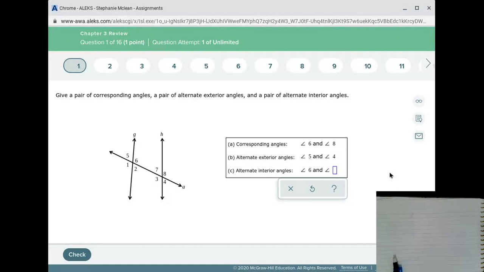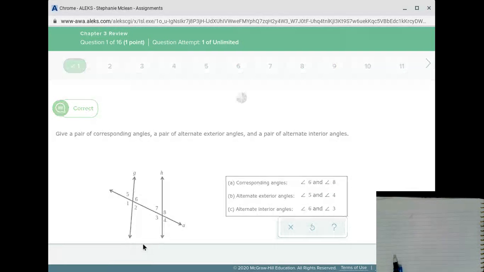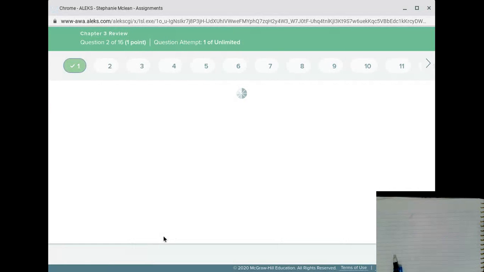You can give different answers as long as you're showing that you understand the differences between corresponding angles, alternate exterior angles, and alternate interior angles. Okay. So let's go on to the next problem.